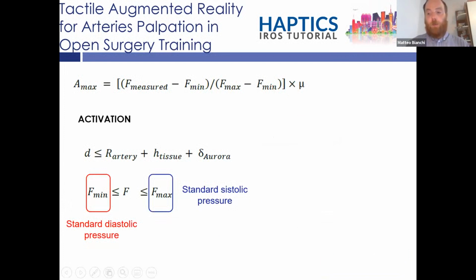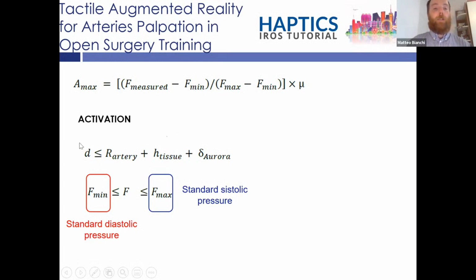So basically, we try to replicate the maximum amplitude of the pressure for the artery pulse based on the measured force and the two thresholds of the force, which correspond to the standard diastolic pressure and the standard systolic pressure.